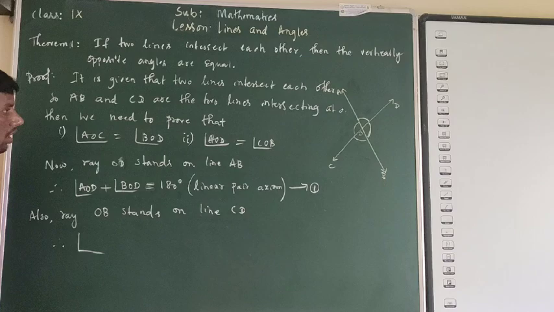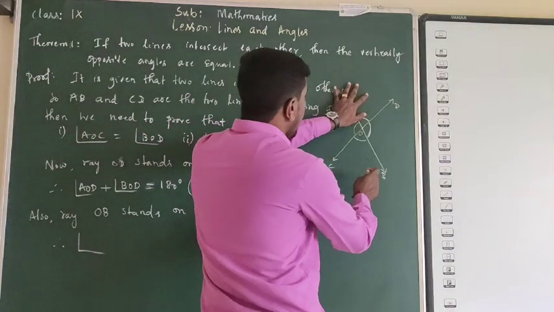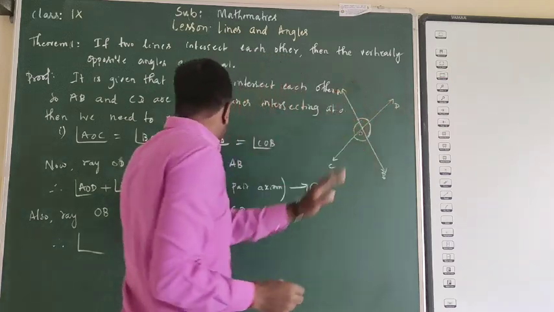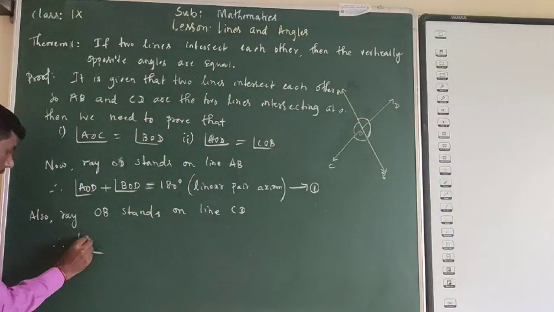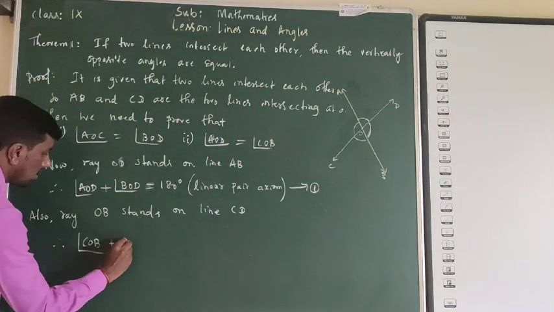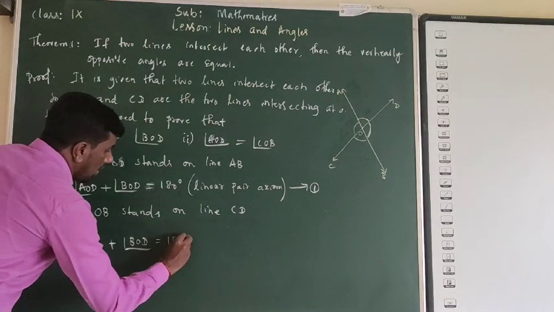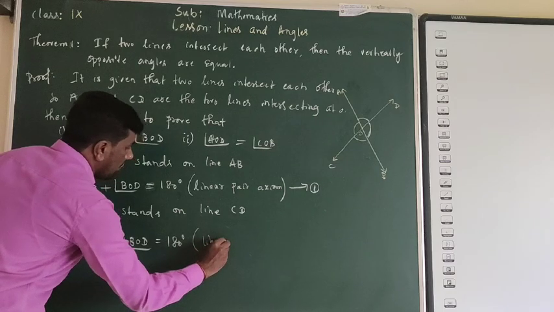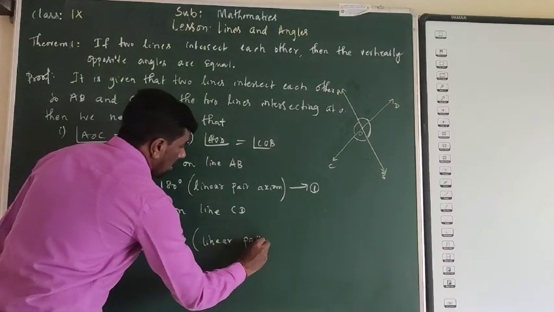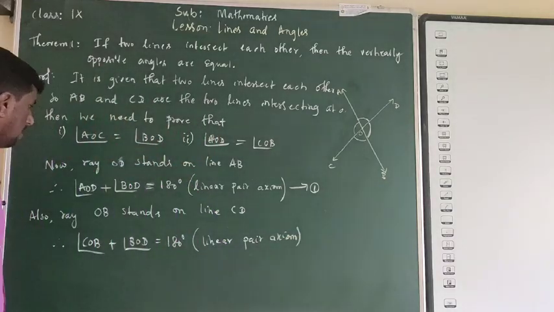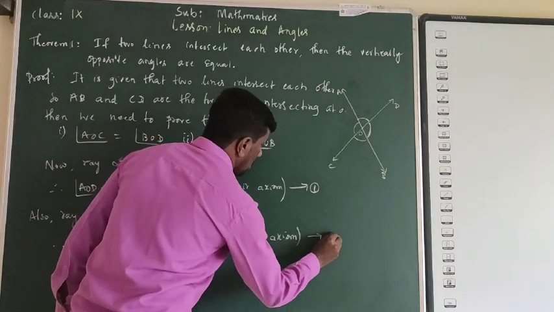Therefore, COB plus BOD is equal to 180 degrees. Again, it is the linear pair axiom, correct? So this is equation 2.